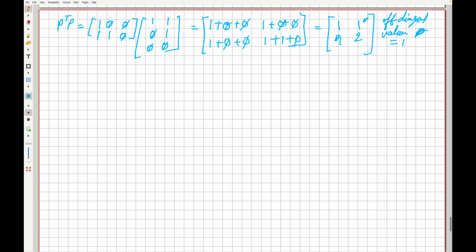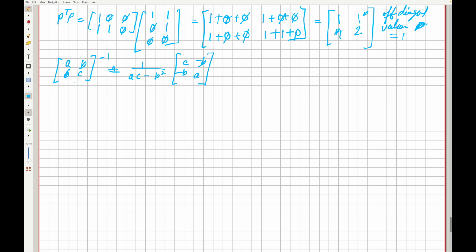Now let's keep going and try and invert the P transpose P. So just as a note, when we do an inverse, let's say if we have A, B, B, C, this matrix we're trying to get the inverse of, what we would do is we calculate a determinant that would be A times C minus B times B, which is B square, and then we swap the AC to CA, and then we flip the signs on the off diagonal elements.